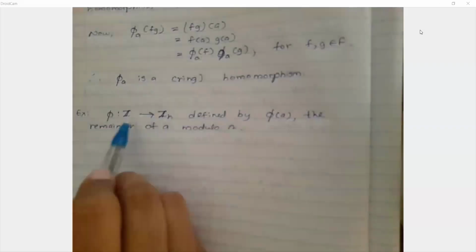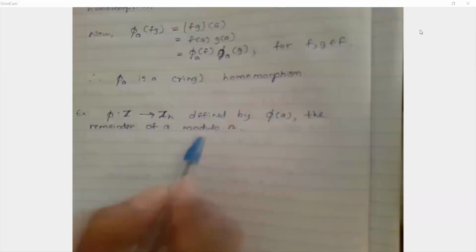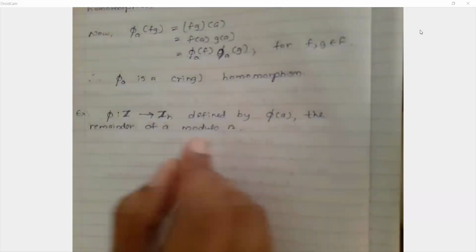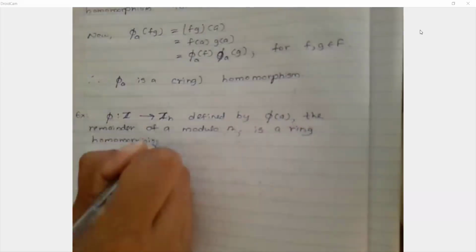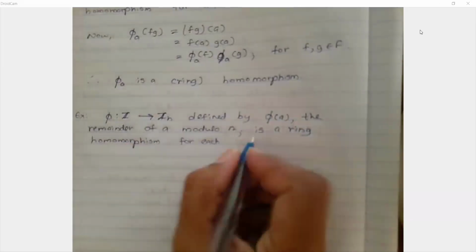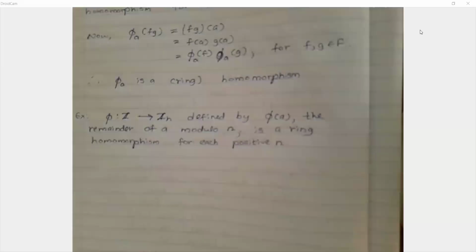So we take an integer A, and through this mapping we take its remainder when divided by n, which is an element in Zn. Now, this mapping is a ring homomorphism for each positive n.